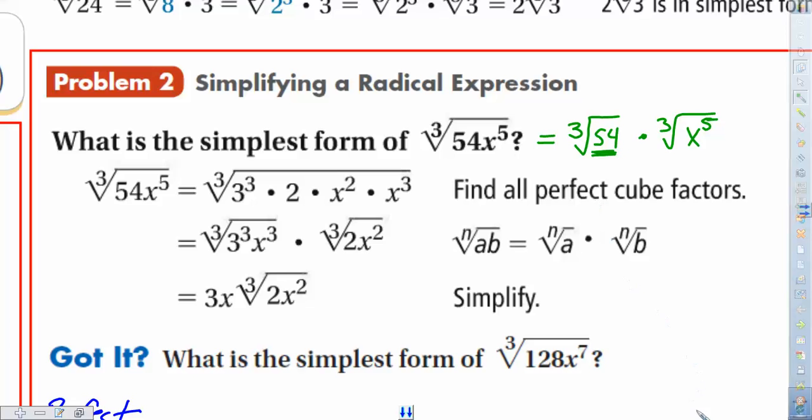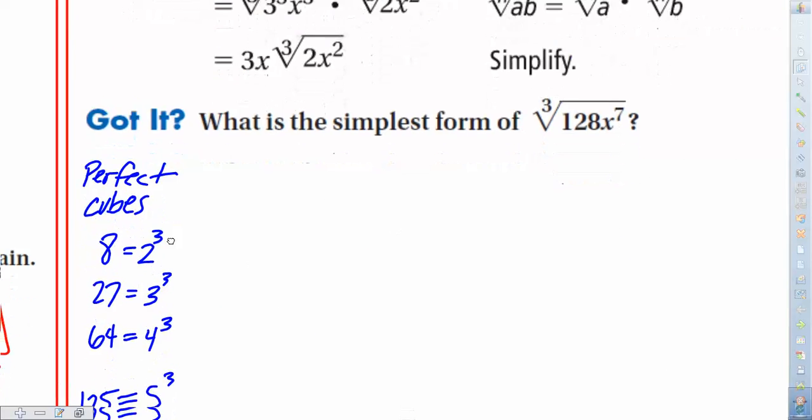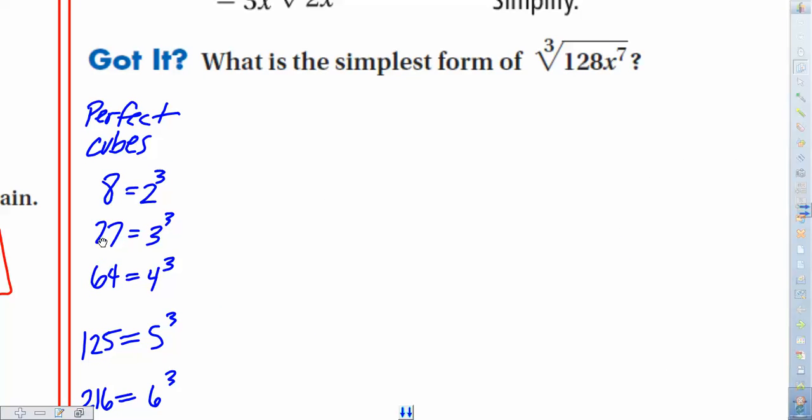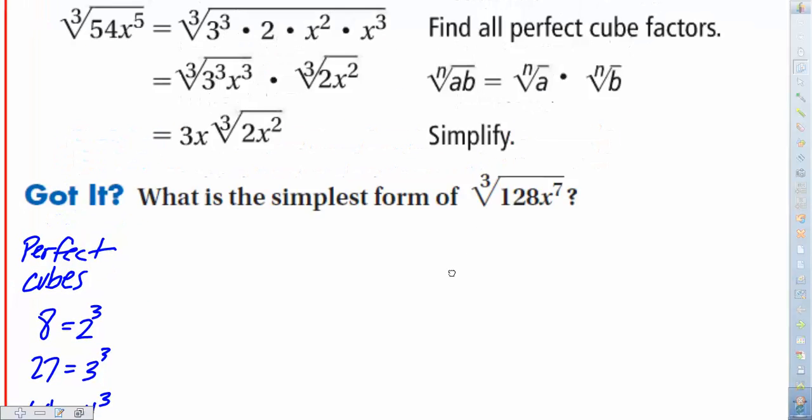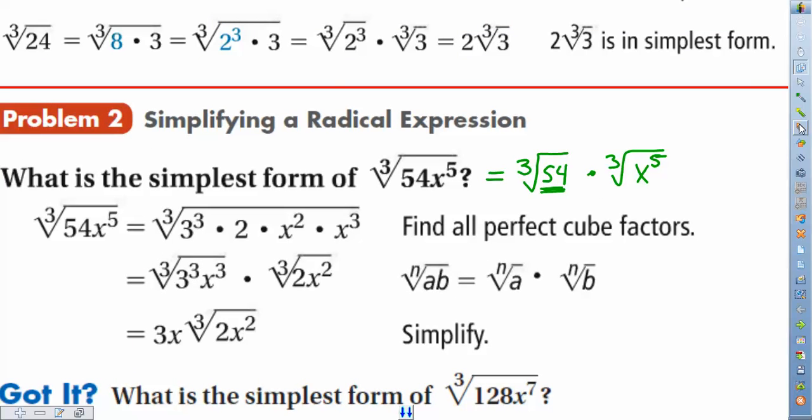54 is not a perfect cube. You look at that list right there, it's not on that list. But is there a number from that list that could divide evenly into 54? Yes, there is. It's 27, isn't it? Right? So couldn't we split apart 54 into 27 times 2?